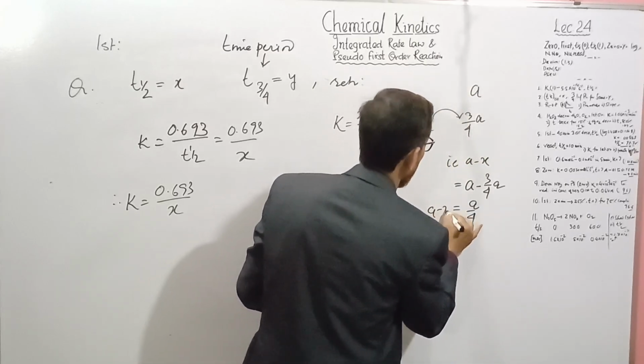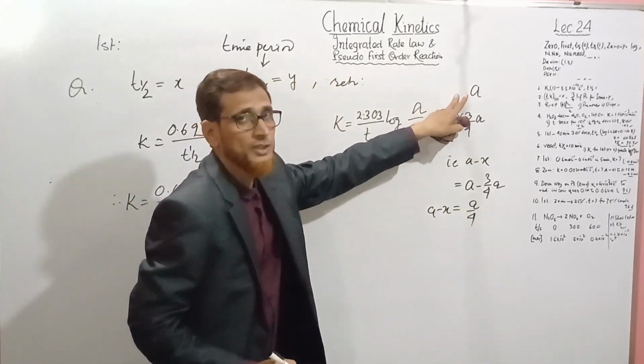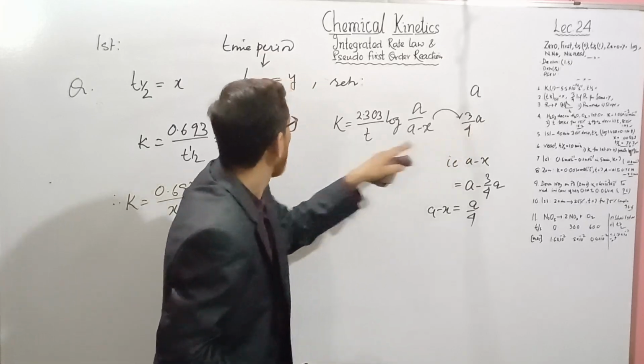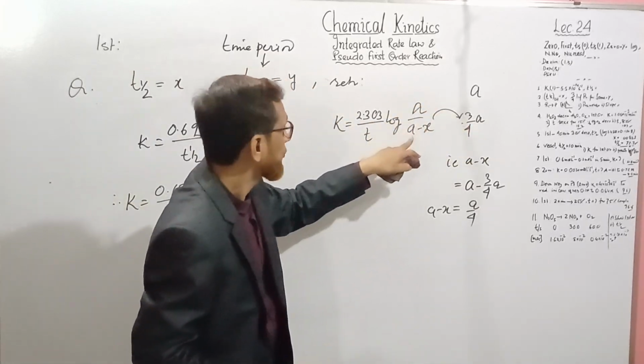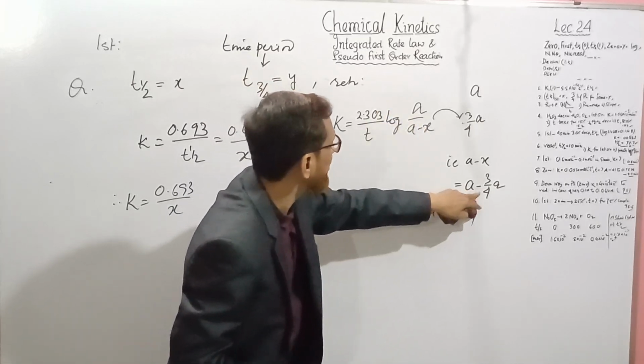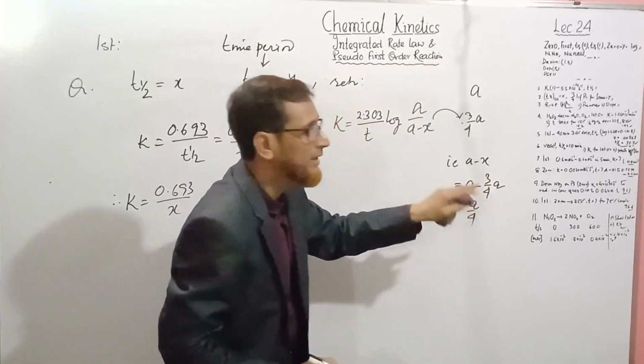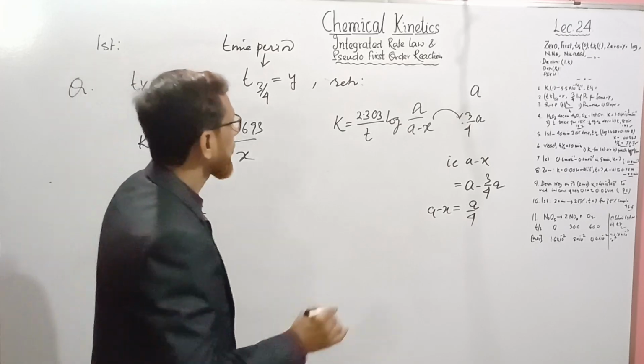Am I right? A is the initial concentration and x is 3/4 of initial. So what do you get?